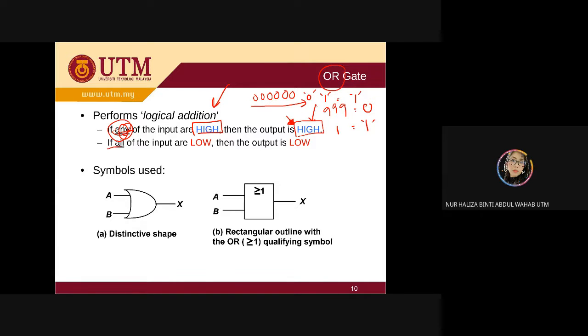While if all the inputs are low, the output will be low. That is the characteristic of the OR gate. And what else do you need to know about your OR gate? Your OR gate will have this kind of look, the symbol. This is the normal symbol that we're going to use for your OR gate.